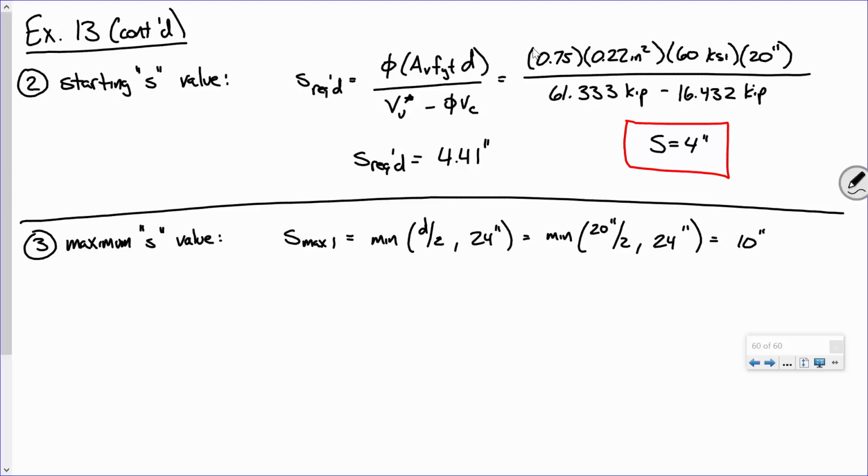All right. Now for S max 2. We start off by computing 0.75 square root of FC prime.